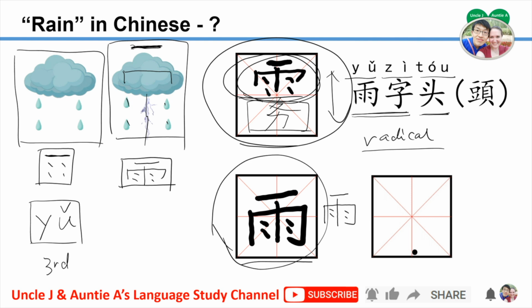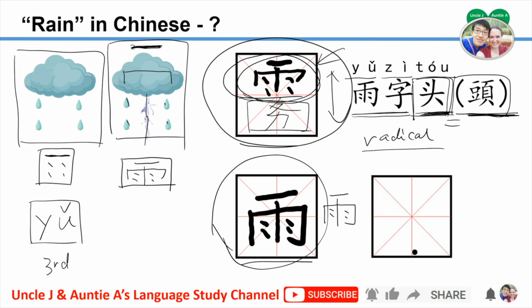They put 雨 on the top as the head of a new character. This 头 means head, and this part is also 头. They're equal, but this is more traditional. So in Taiwan, Hong Kong, and some other parts, people like using traditional Chinese characters, but in mainland China, people like using simplified Chinese characters.